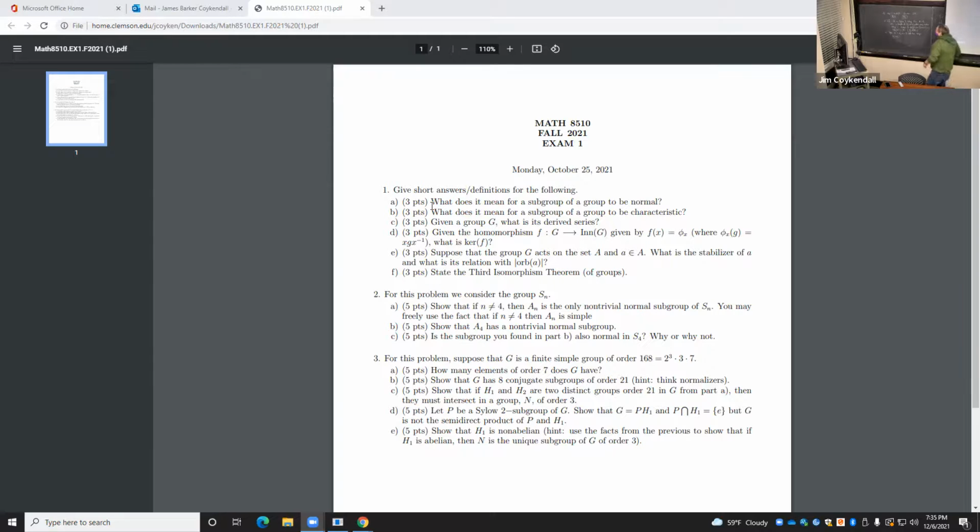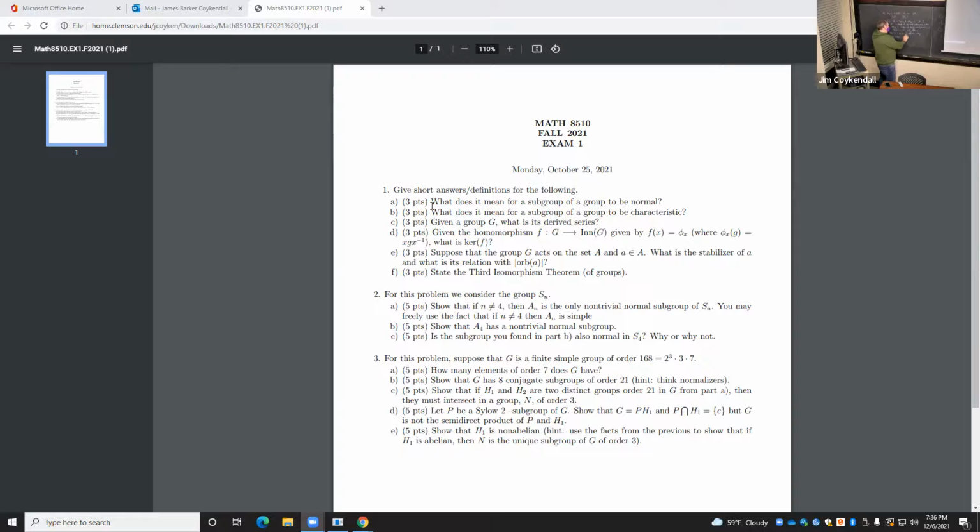Let me point out that they're both subgroups of order 21, so if you look at their intersection, its order has to be one of those four numbers. It can't be 7, because they're normalizers of distinct 7 groups.